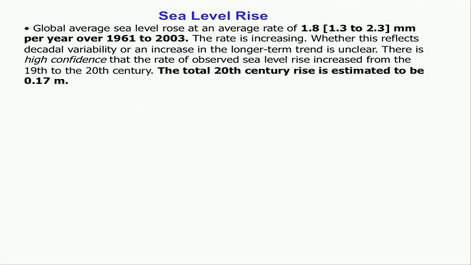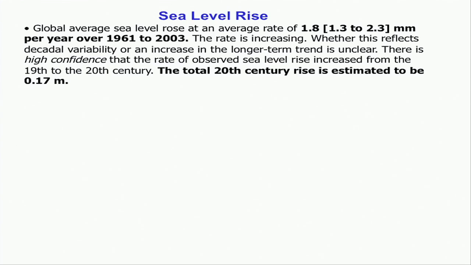So, global sea level rise, what has that been doing? Well, typically it's been rising at about 1.8 millimeters per year between 1961 to 2003. That rate is increasing. Now, whether that rate reflects decadal variability or an increase in the actual long-term trend is still being debated, but the evidence suggests that there is high confidence that that trend is due to sea level rise due to warming and ice melt.